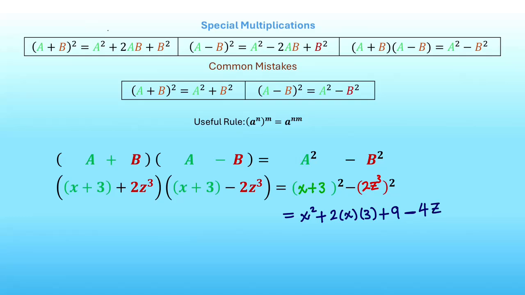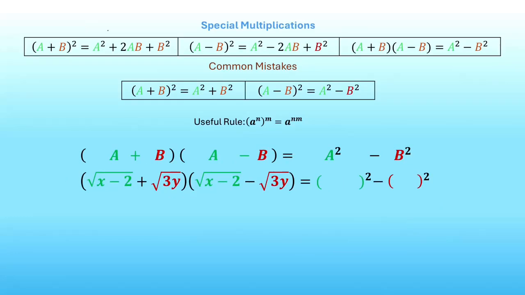Again, multiply the exponents, you get 4z to the power of 6. And to clean this up, we have x squared, 2 times x times 3. You multiply the constant factors 2 and 3 to get 6x. And then we have plus 9 and minus 4z to the power of 6.